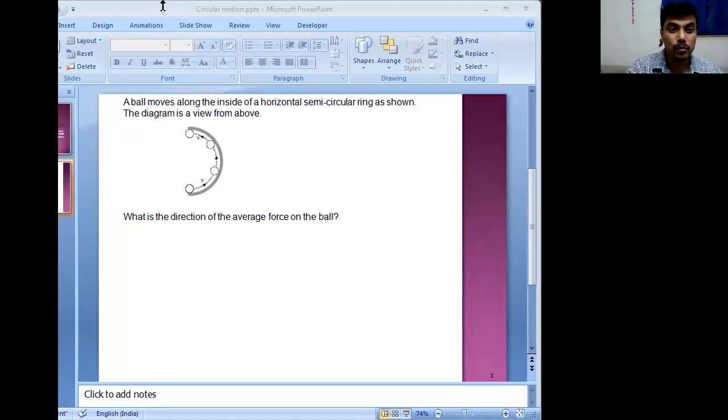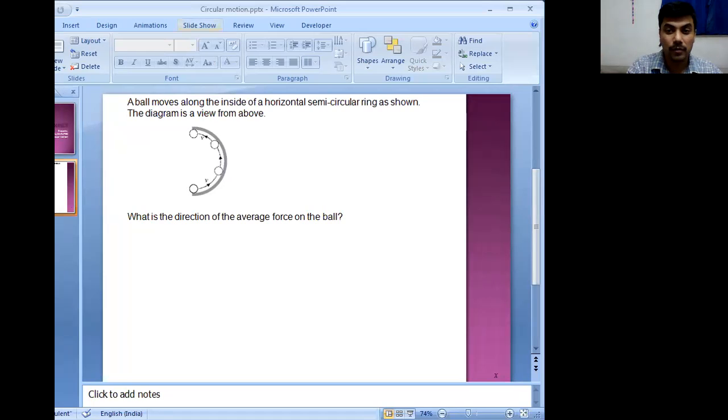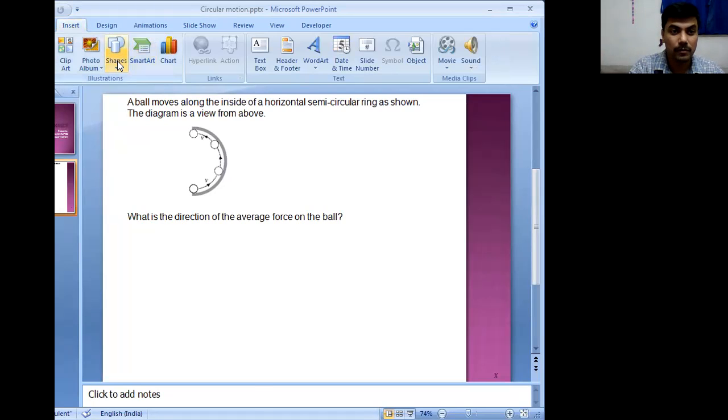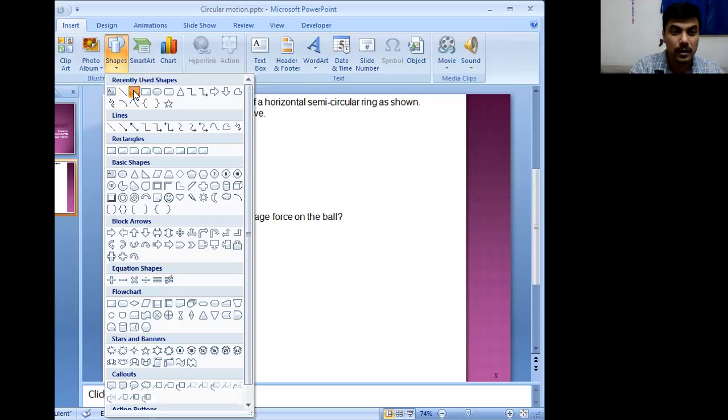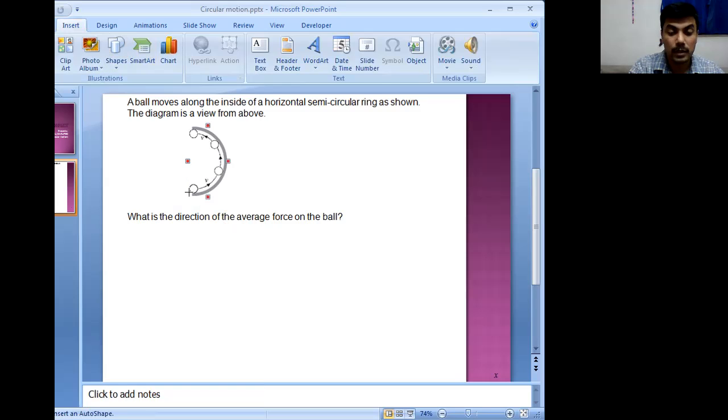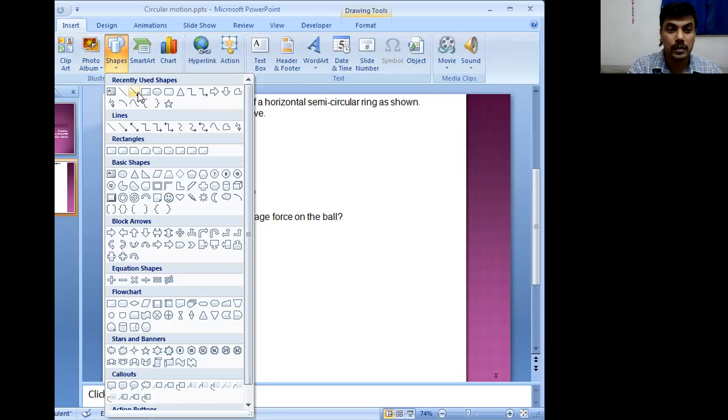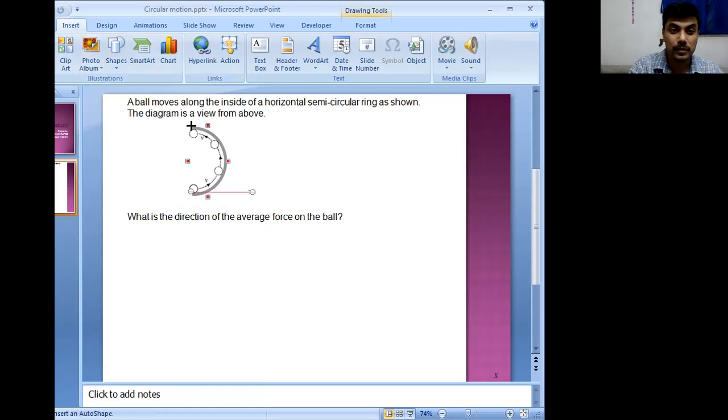Now, if I try to draw the direction of velocities in this question, you can understand that for the initial case, when the object was at the bottommost position, the velocity vector was in this direction. And finally, when it reached the topmost position, the velocity vector is in this direction.